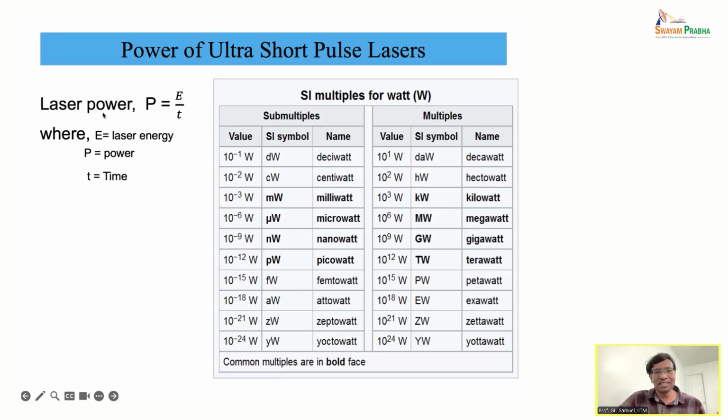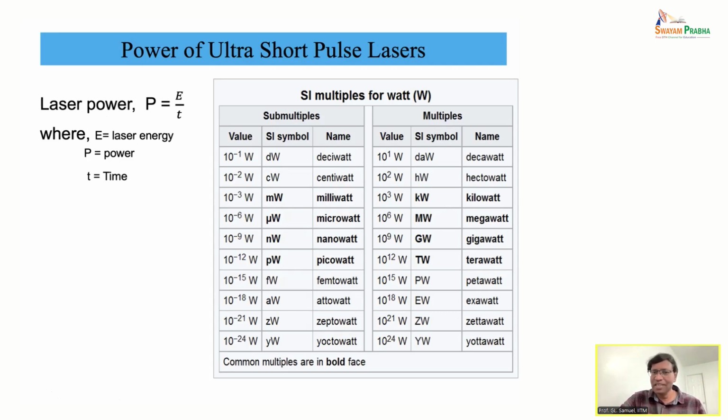At a particular fraction of a second when you put the pulse, the power will be equal to the pulse energy divided by time. Take an example: 40 microjoules of pulse energy, so we put 40 times 10 to the power of minus 6.